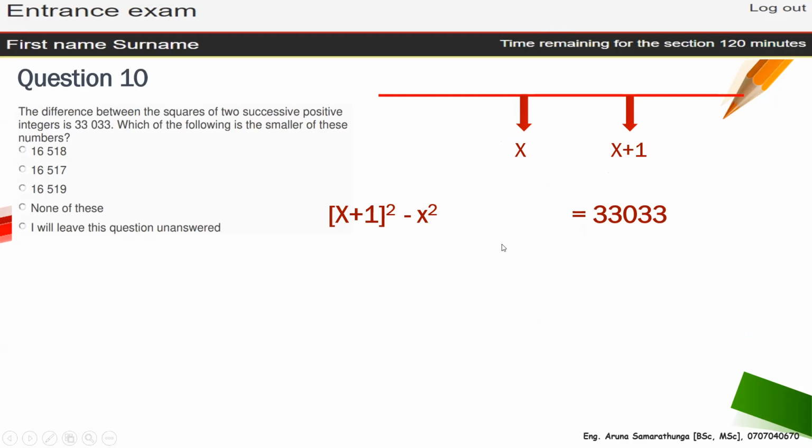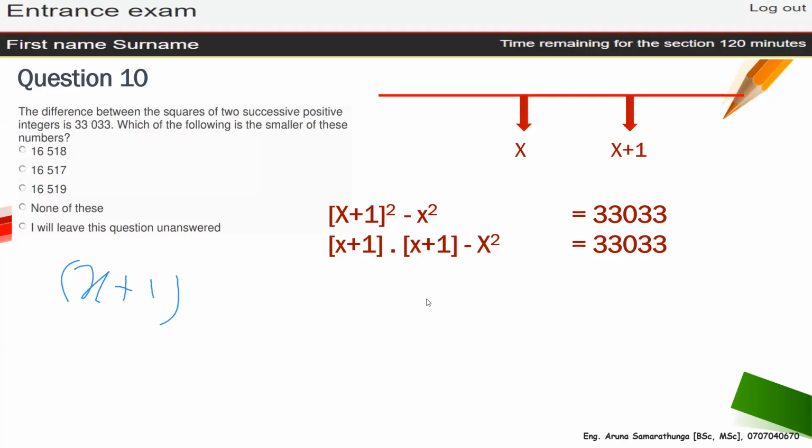So the difference is equal to this much. Now we are going to solve this equation. We have to multiply like that. So x plus 1 and x plus 1. When multiplying, first multiply this one: it becomes x squared.